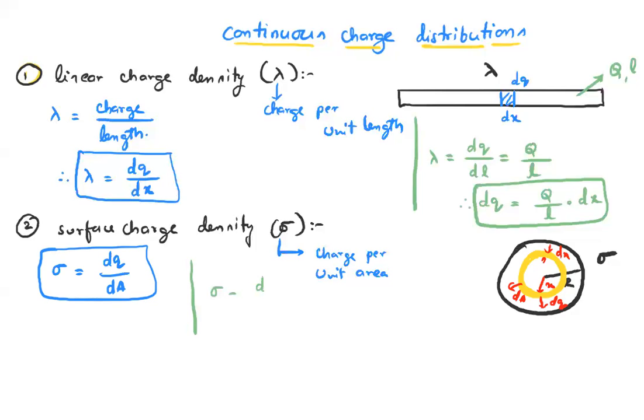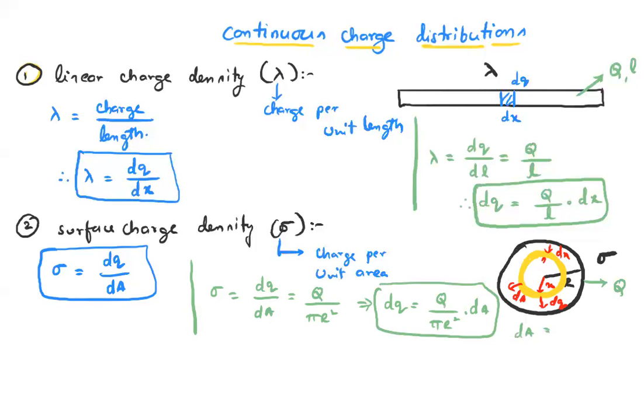Sigma equals dq by dA, and the total charge Q is distributed over radius r, so sigma is Q by pi r square. Then I can write dq as Q by pi r square into dA. Here dA is equal to 2 pi x, the perimeter, into the thickness dx, and we can integrate.